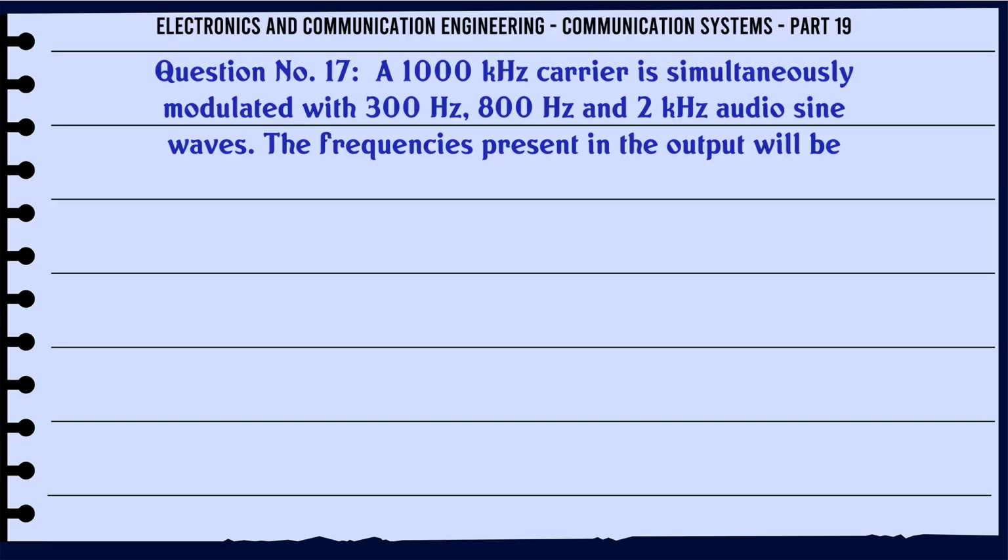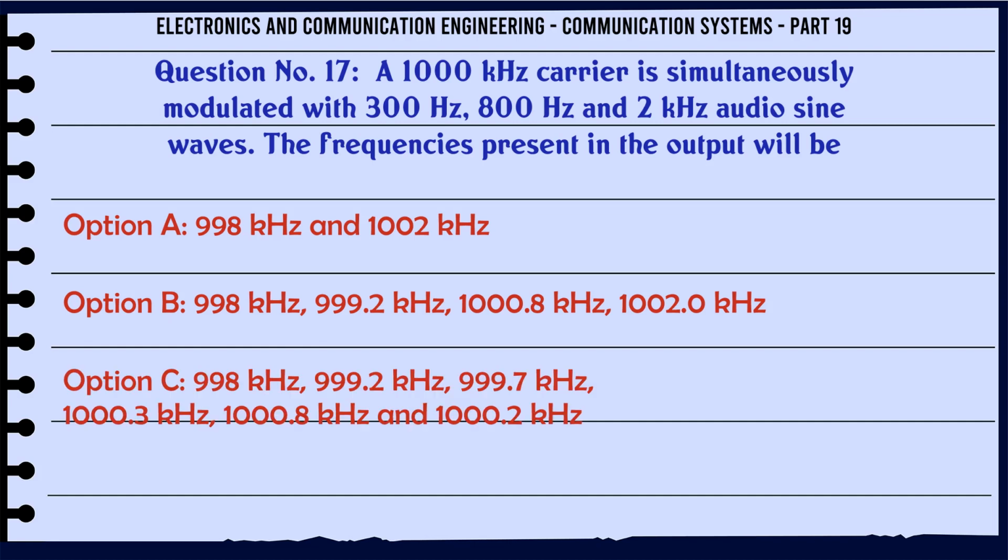A 1000 kHz carrier is simultaneously modulated with 300 Hz, 800 Hz, and 2 kHz audio sine waves.